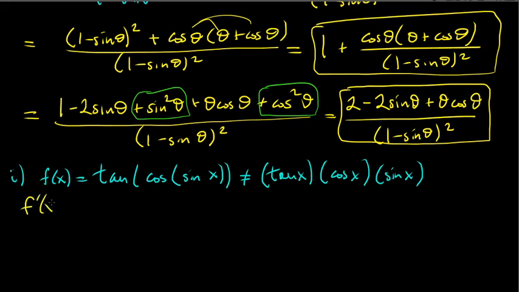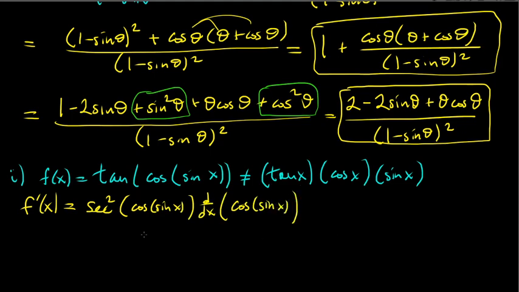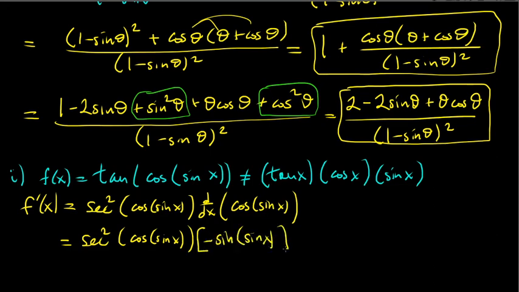So what do we do? In this problem, we're just going to take the derivative of tangent, which is secant squared of cosine of sine of x. And then by the chain rule, we take the derivative of cosine of sine of x. Okay, so what's the derivative of cosine? Negative sine of sine x.